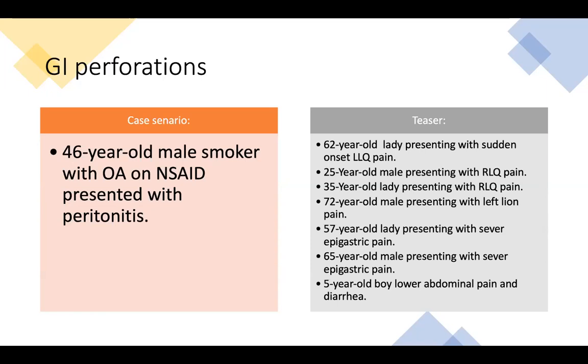And a 35-year-old lady presenting with right upper quadrant pain. Could be ovarian torsion or ruptured ectopic pregnancy. Okay, it can be, of course, I agree. But it's just this stuff for you to think about. A 72-year-old male presenting with left loin pain.